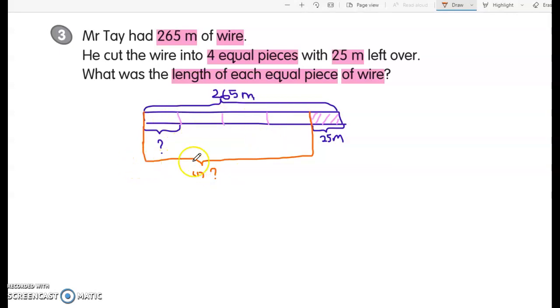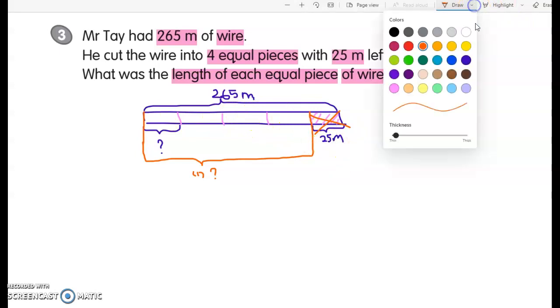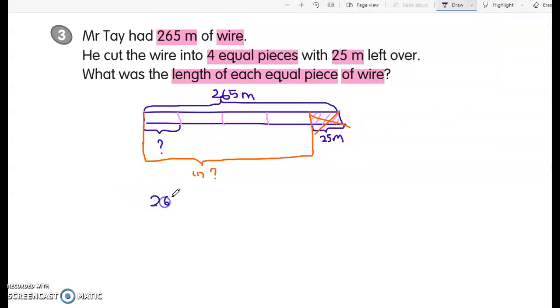So how do we find the length of these 4 equal pieces? If you can see, what we can do is, we can take the total length. Yes, take away this part, right? We need to remove this part first to find this. Therefore, step number 1 is 265 meters minus away 25 meters.